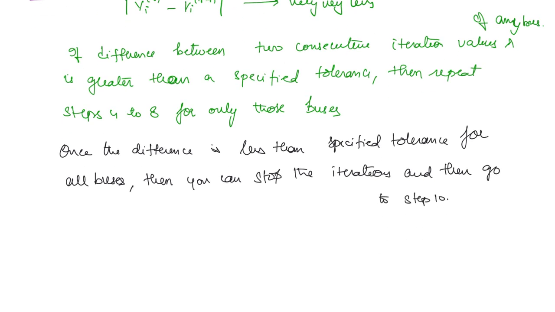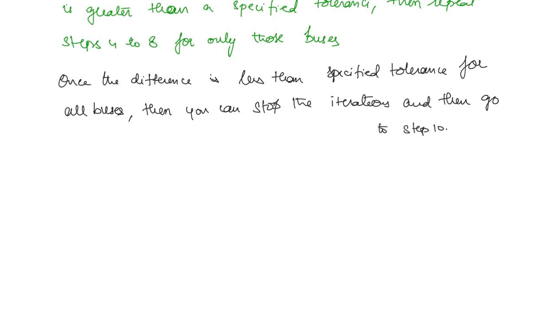In the next step, we are finding the power and the reactive values and the currents, whatever information is required, right? So step 10: calculate P and Q for all the buses. So you are going to get the injected and the delivered power, active and reactive power.